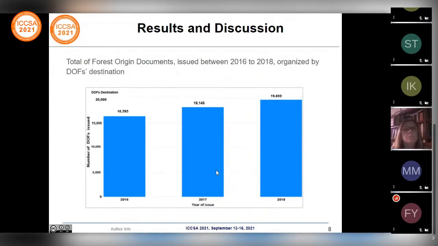This figure shows the comparison of DOF emission by destination state of wood products in the Brazilian market, grouped by years. One can observe that DOF emission destinations have been increasing year on year during the period.